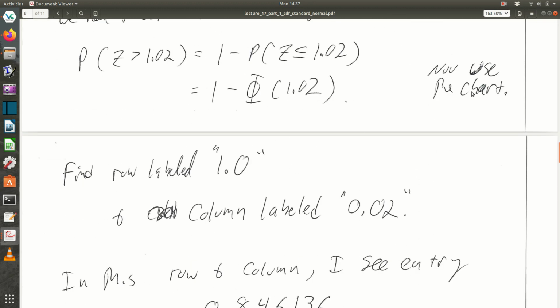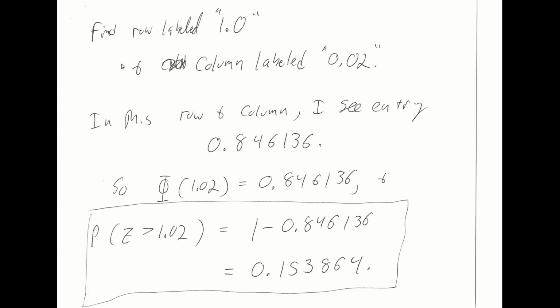So I find the row labeled 1.0, find the column labeled 0.02, and at that row and column intersection I find this value, which is the value of phi at the input point, 1.02. So about 85% of the area under the curve is to the left of 1.02. We actually want the probability that z is to the right of that, and I'm coming up with about 15%, roughly 15.4 or so percent.